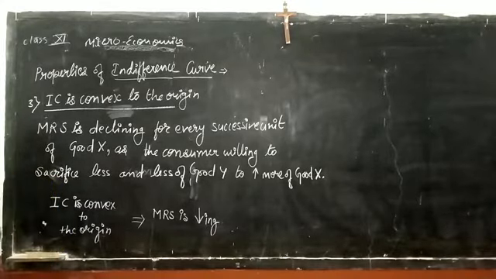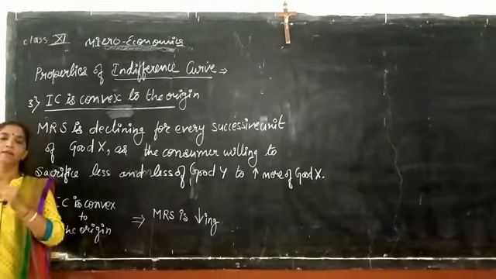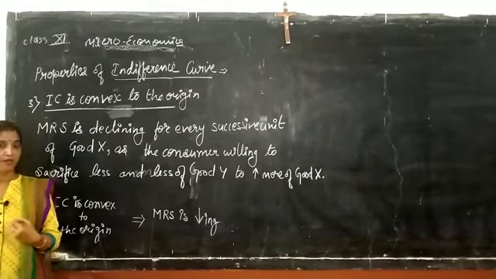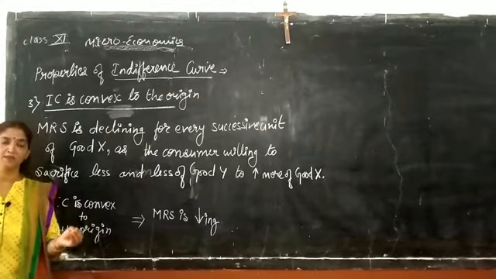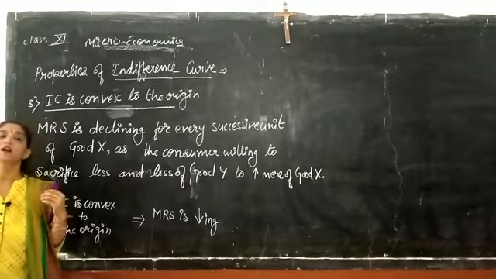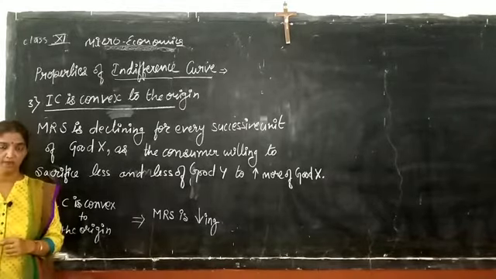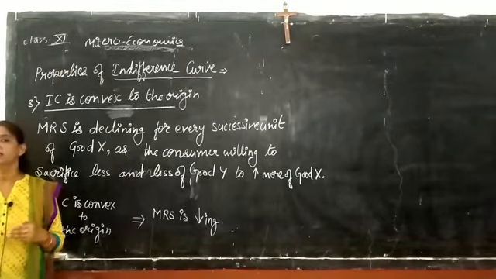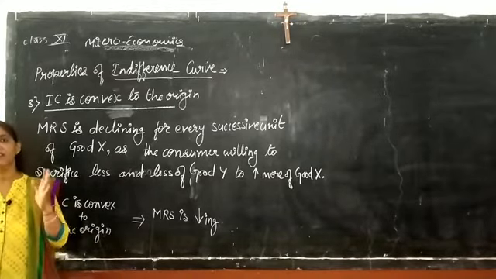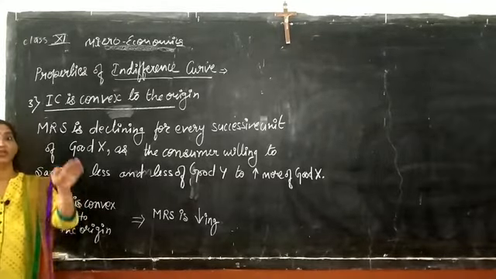It will tend to decline. अगर आपको भी कोई एक चीज़, assume that you like पनीर very much, आपको पनीर की सब्ज़ी बहुत पसंद है, लेकिन आपको सुबह ब्रेकफास्ट में पनीर, लंच में पनीर, डिनर में पनीर, हर रोज़ तीनों मील में पनीर ही दिया जाए तो क्या होगा, कोई भी एक particular commodity का ज़्यादा से ज़्यादा कंजम्पशन will reduce the desire for that particular commodity. It will tend to decline.